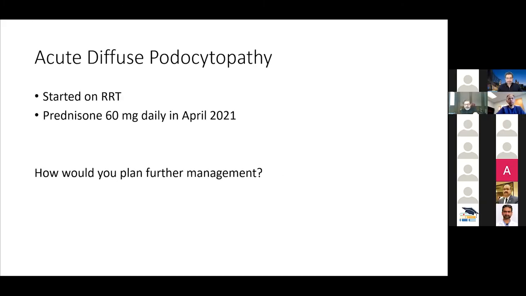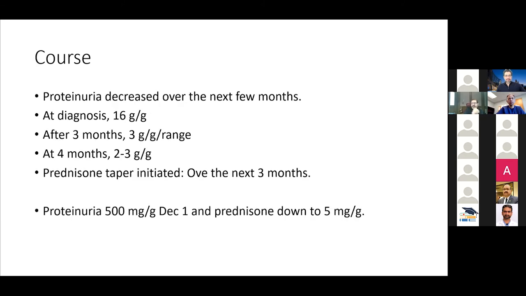Just for the sake of time, because we're getting close to the top of the hour, she was continued on 60 milligrams a day for about 3 months. Her initial proteinuria at diagnosis was 16 grams per gram, and this was through a severe ATN requiring dialysis. After 3 months, she was in the 3 grams per gram range.